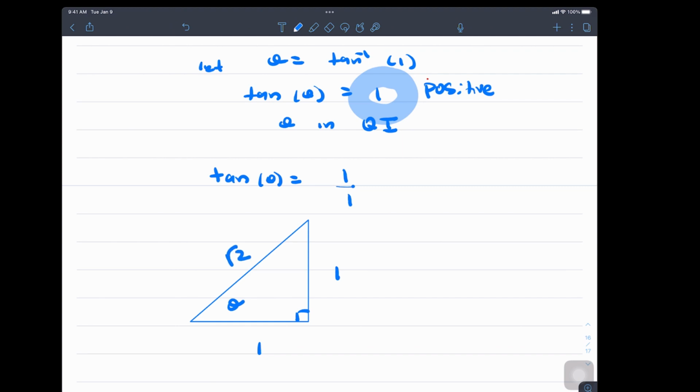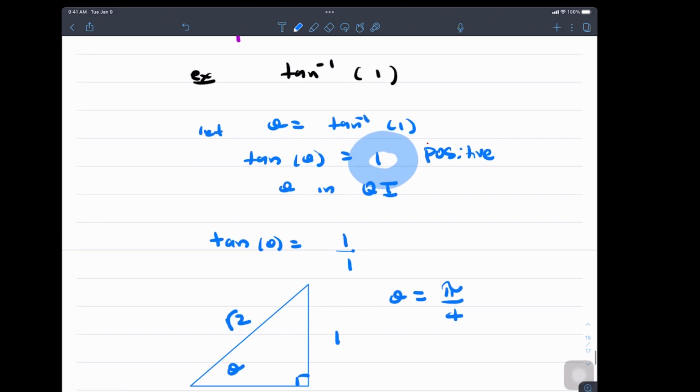Isn't this the square root of 2? Do you guys know what theta has to be then? What is theta? 45 degrees, pi over 4. Absolutely. So this one is nice. Theta is pi over 4. Say here, you're pi over 4 here, you're pi over 4 here, and there you guys go, okay? That's what theta is. Easy breezy, lemon squeezy.